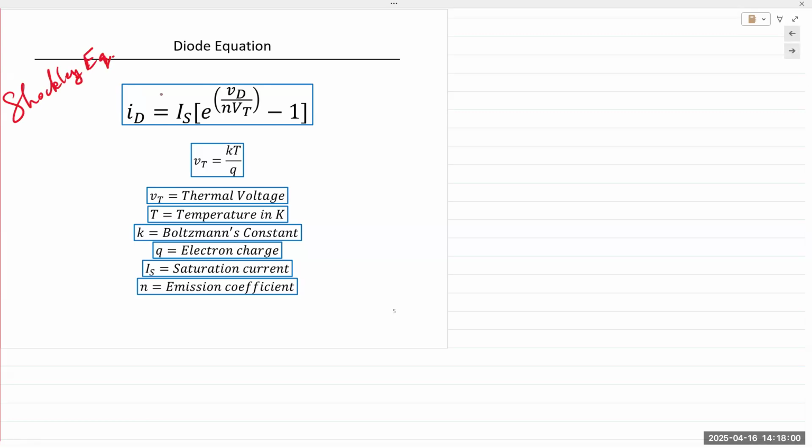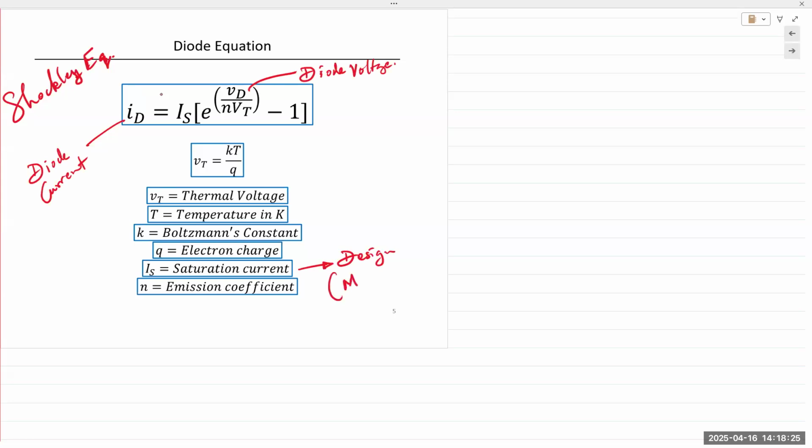Okay, so let's break this down. This is diode current. This is diode voltage. Then we have IS, which is saturation current. This is a function of the design and doping.